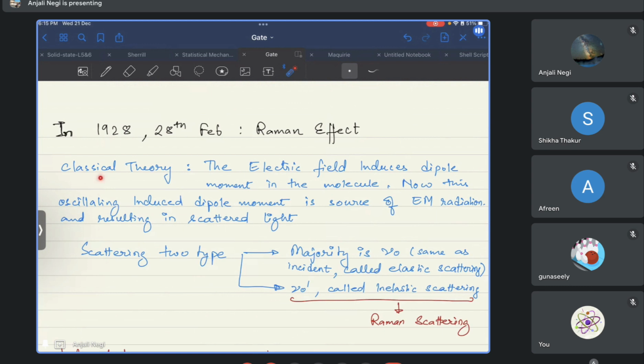The classical theory for the Raman effect is that the electric field interacting with the matter induces some dipole moment in the molecule. This oscillating induced dipole moment is the source of electromagnetic radiation, and it results in scattered light. The scattering can happen in two ways.